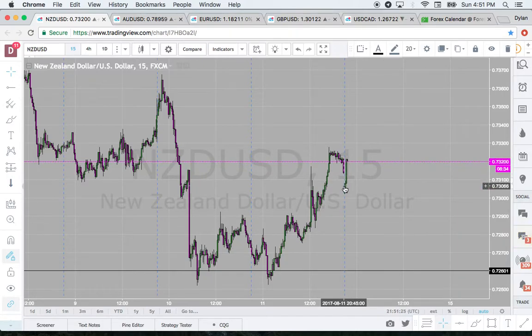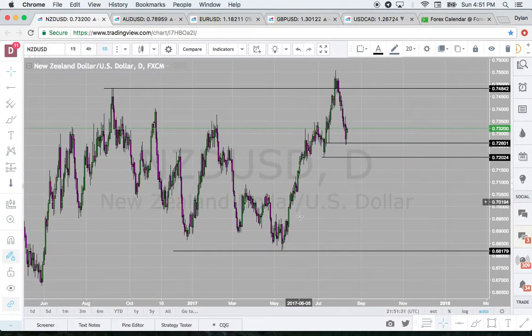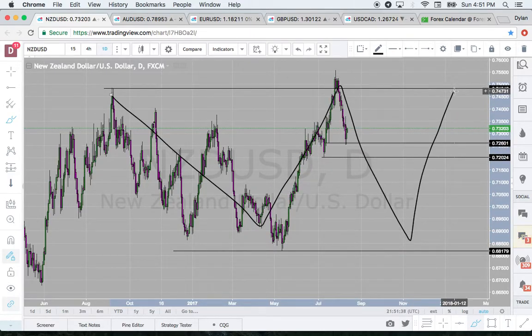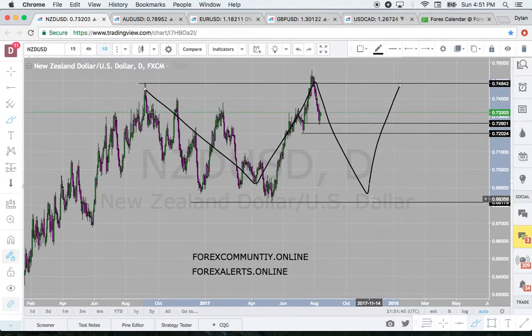Yeah, it was just filled on NZD USD. But looking at the macro, we can see price is in this large range here, correct?